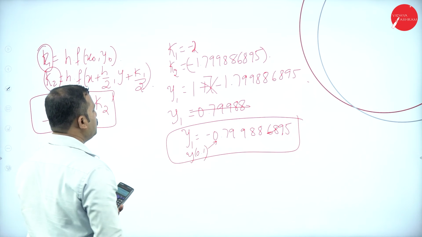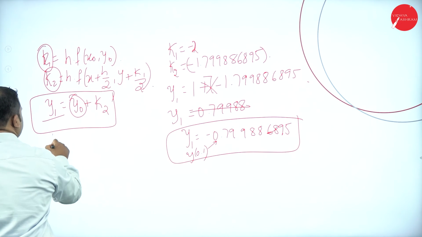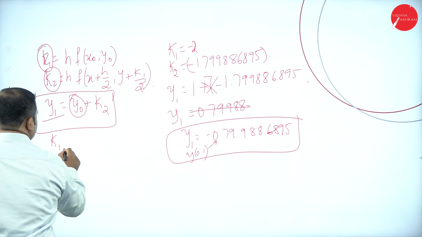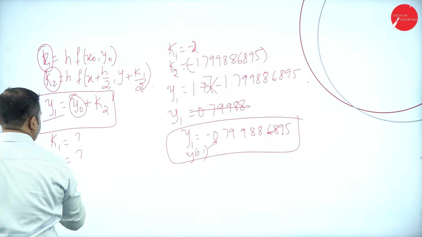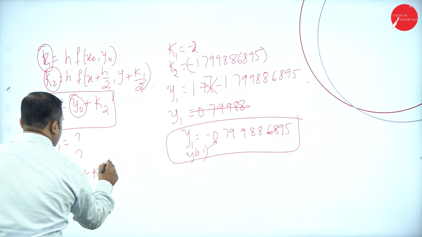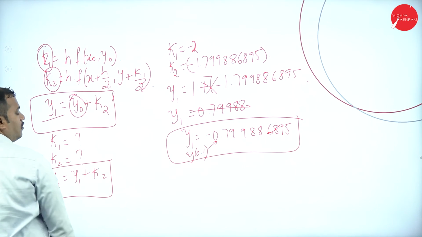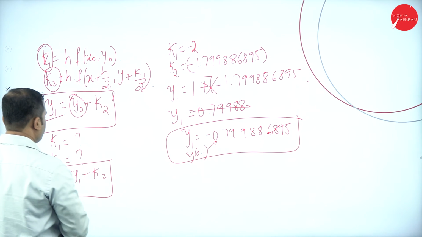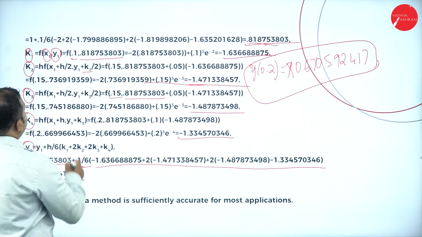Similarly, if I substitute this value into k1 and k2, what is the value of k1 and what is the value of k2? Then y2 is equal to y1 plus k2. If I do this operation, I'll get the value of y2. So we have k1. What is the value of k1 in this case?